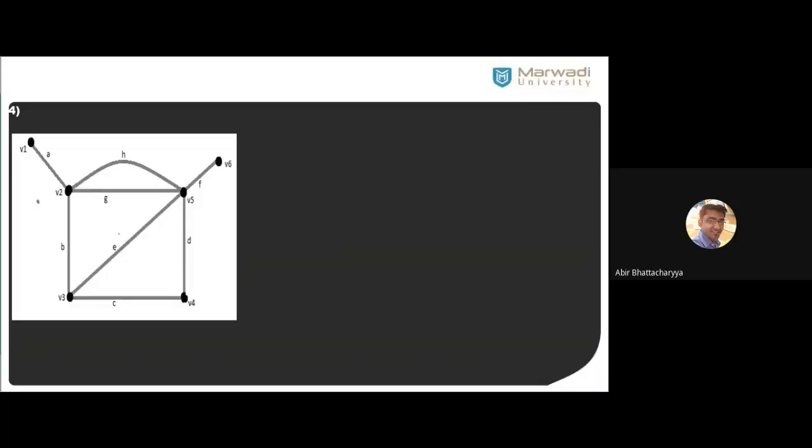Find the incidence matrix of this graph. Incidence matrix, not adjacency. Find the incidence matrix of your graph.